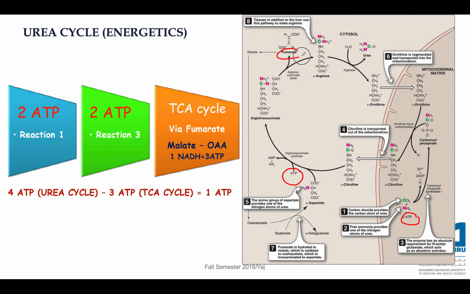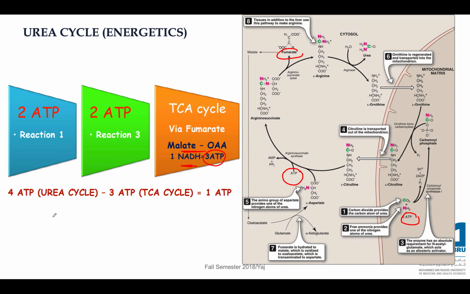Here we produce fumarate. Fumarate is converted to malate, and malate to oxaloacetate, and this reaction leads to the formation of one NADH molecule, not NADPH. So one NADH molecule, which gives rise to 3 ATP.